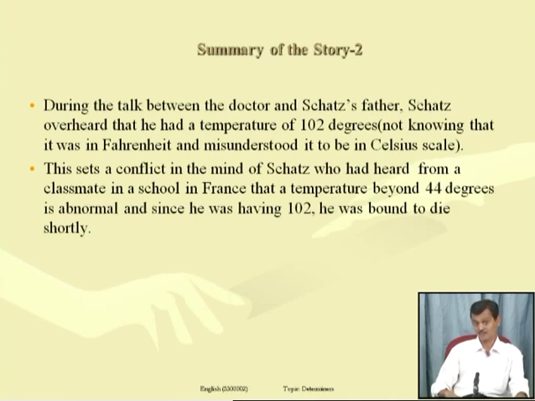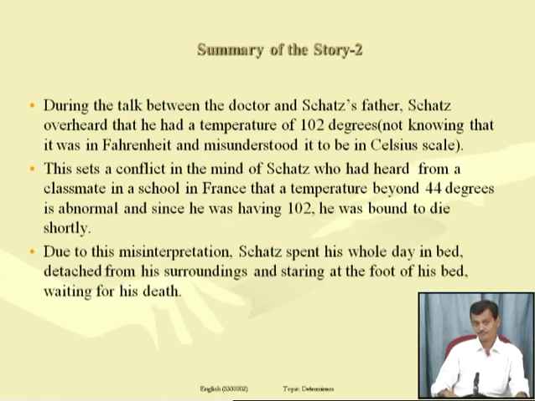And because now Shaz knows that his temperature was 102, death is bound to happen. He was going to die shortly. Due to this misunderstanding, Shaz spent his whole day in bed, thinking about death, waiting for death.